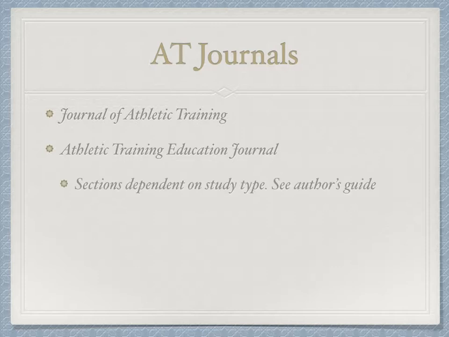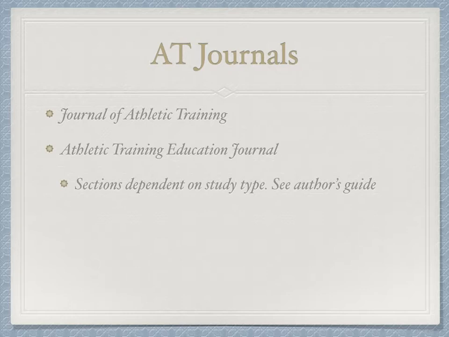So I'm bringing the journals in here just because I want to, again, show you where we can find the steps of research in our typical journal. Now, for our 2 journals, again, there's more than 2 journals in athletic training. For any of your classes, you should expand the research beyond just AT and look in all the other healthcare areas.